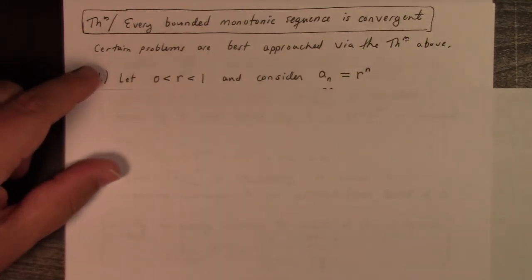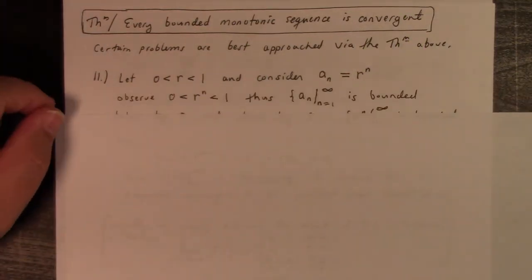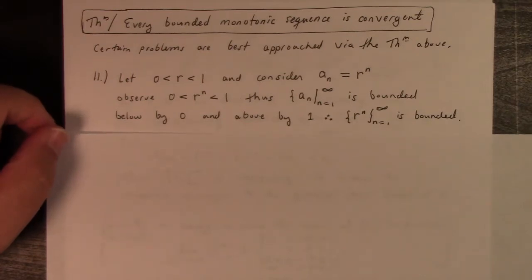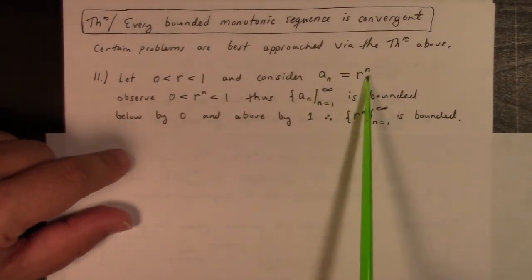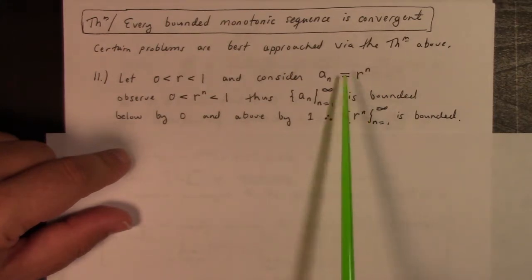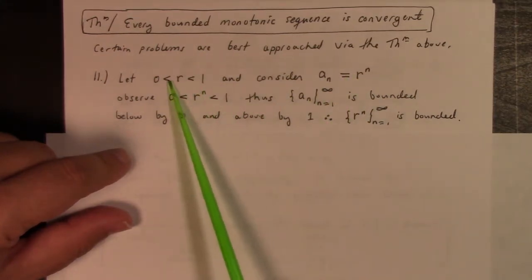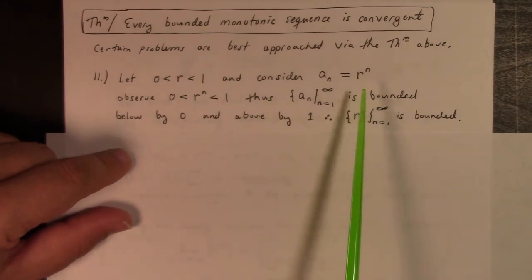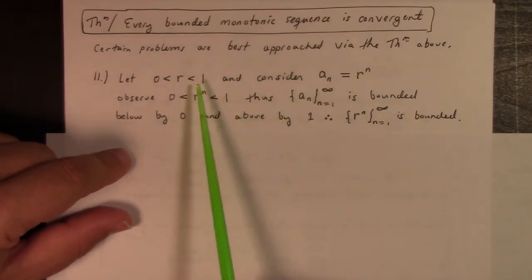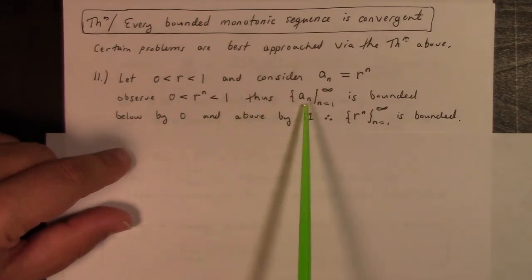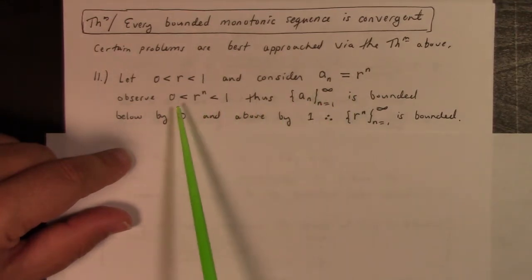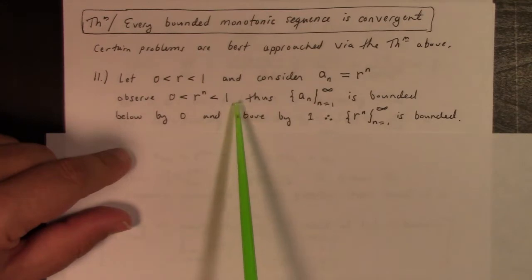So here's some examples of that. In fact, this particular one is how do you prove that? I just used this result that r to the n limits to 0 if r is between this and that. All right, so here's a little bit of how that goes. 0 is less than r to the n is less than 1. This inequality right here shows you that this sequence is bounded below by 0, above by 1.